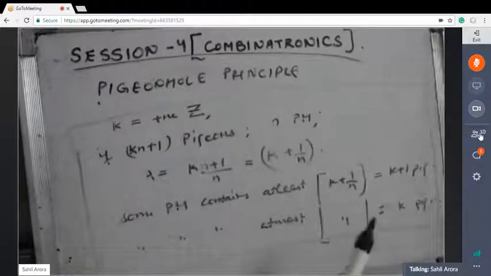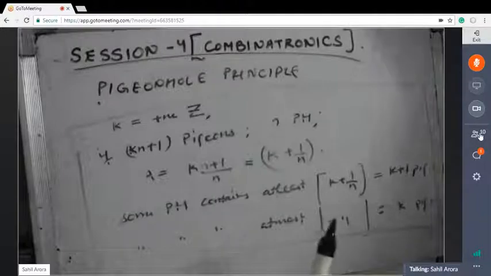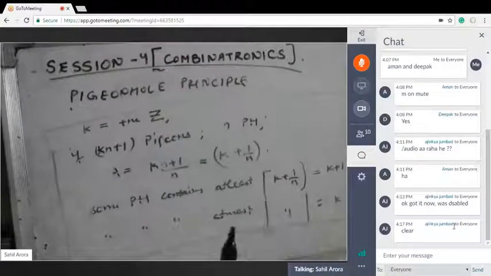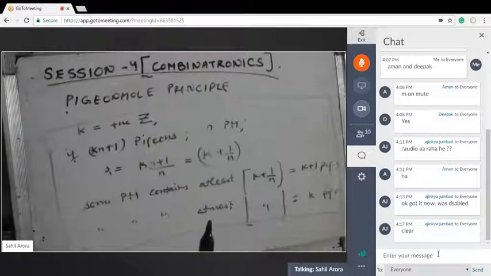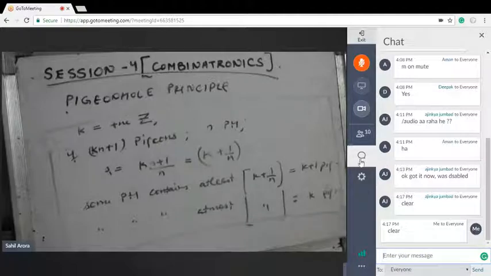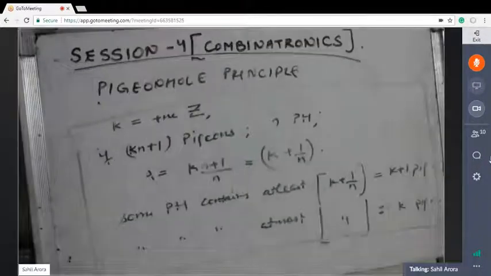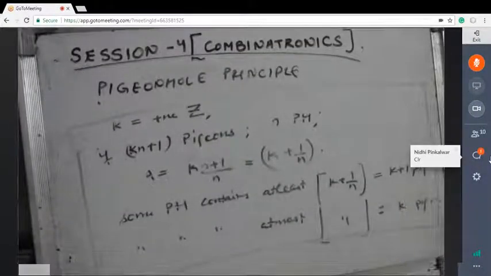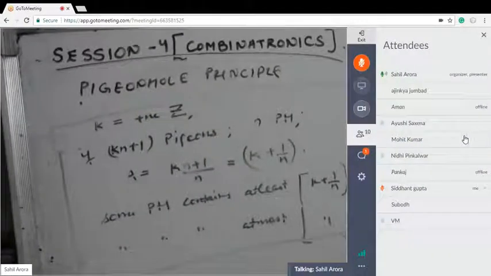If any doubt, please ask, and if it is clear, then write in the chat window. Yeah, thanks for the confirmation. Ajinkya, Siddharth, and Nidhi. Yeah, okay.